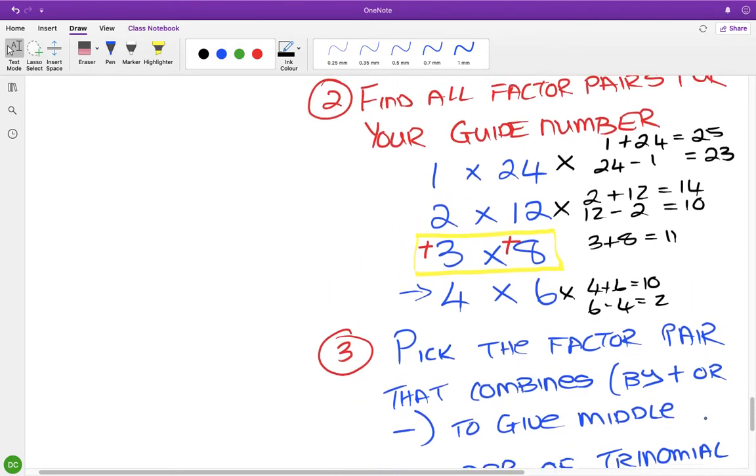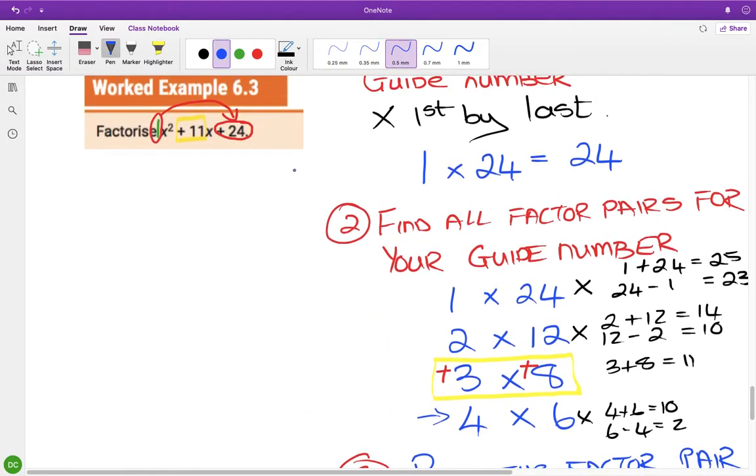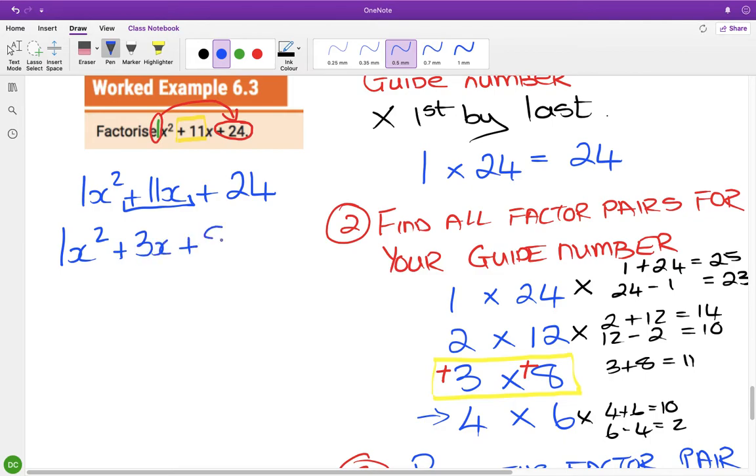Okay, so what do I mean by that? I'm just going to rewrite it because it's all scribbled over. So that's what it started as. We leave the 1x squared, and then we rewrite this bit, except instead of 11, we're going to use 3 and 8. So 11x can be a combination of 3x plus 8x.